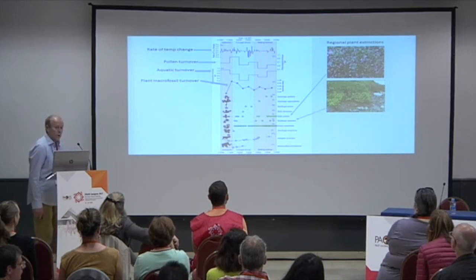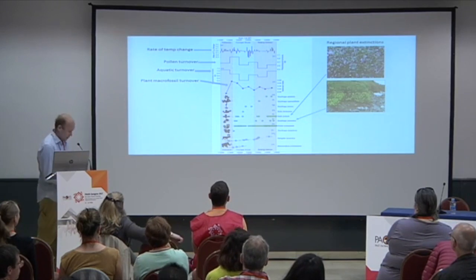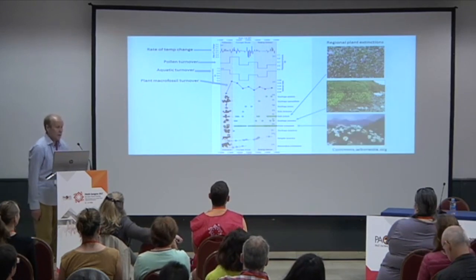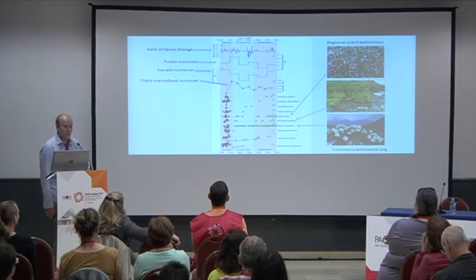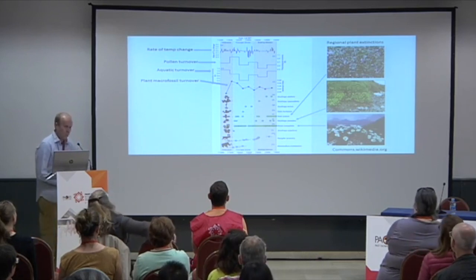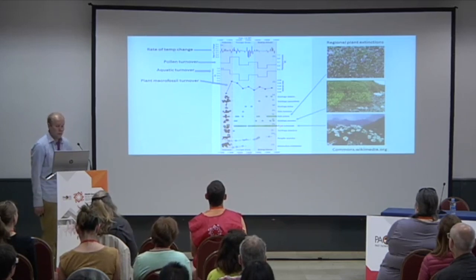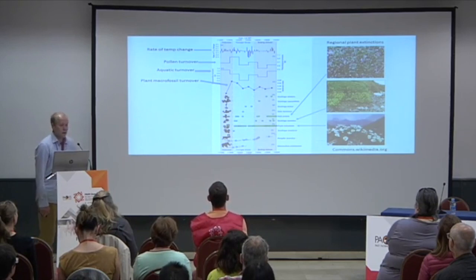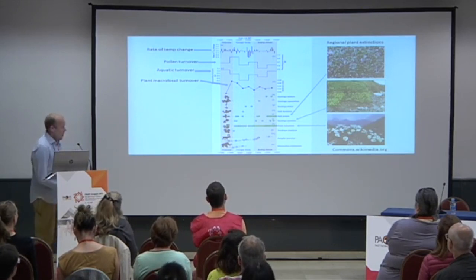Saxifraga oppositifolia, another Arctic alpine species, also present until the end of Younger Dryas. And finally, the most famous species of late glacial, I think, Dryas itself. This is Dryas octopetala, fairly common both in pollen samples and plant macrofossils, as you can see here, until it goes extinct at the end of Younger Dryas. Regionally extinct, of course, not globally extinct.